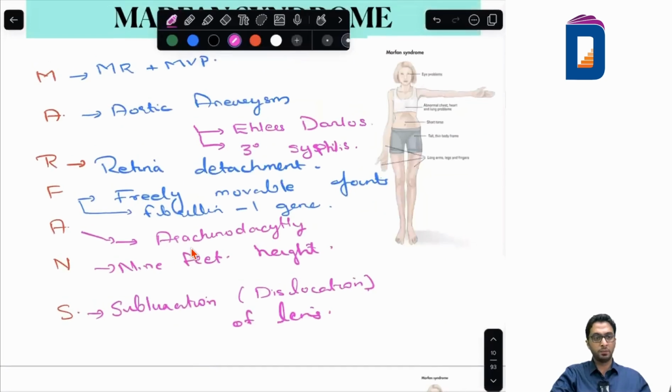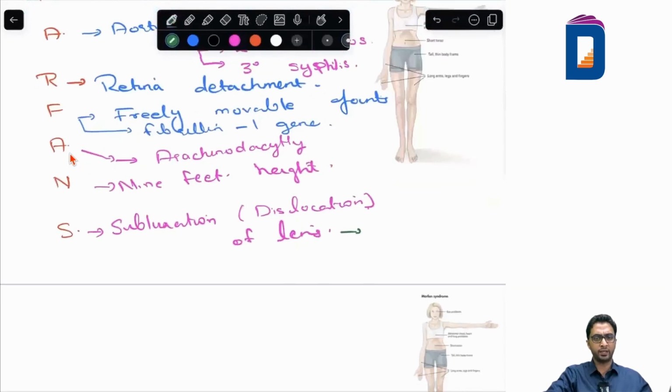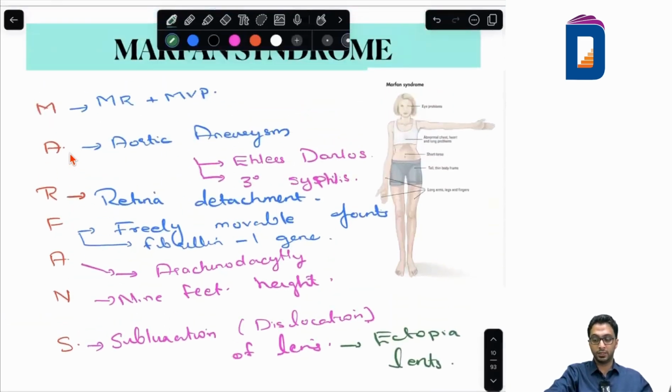Retina gets detached, and your lens also gets detached. This particular detachment has a specific term and is a very important diagnosis, called ectopia lentis. So these are the key terms here.